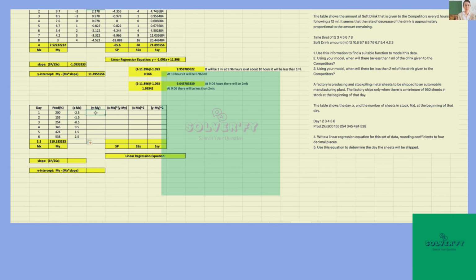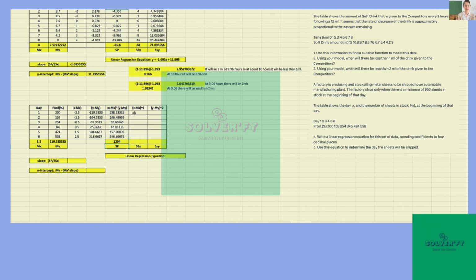Then I'm going to take each one of the Y values minus the mean of Y, which is 319.3333. And so then I'm going to multiply X minus the mean of X times Y minus the mean of Y. And then I'm going to total that column.